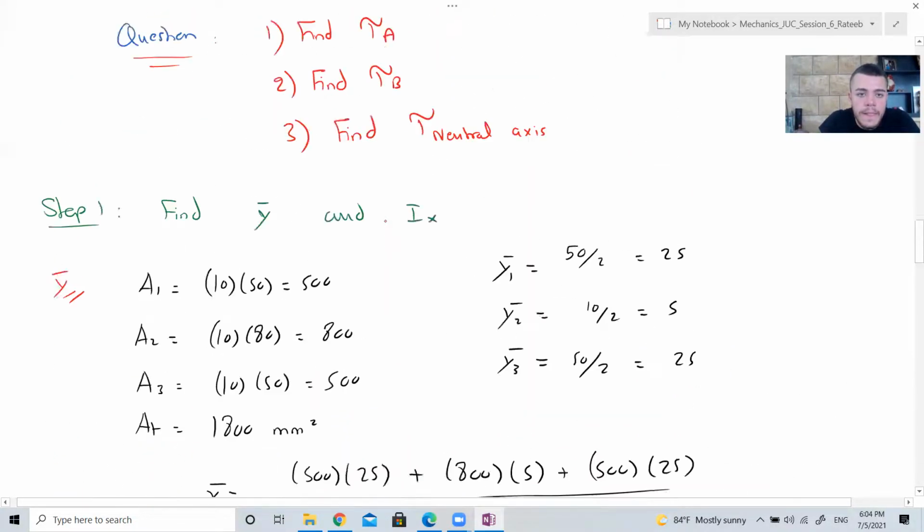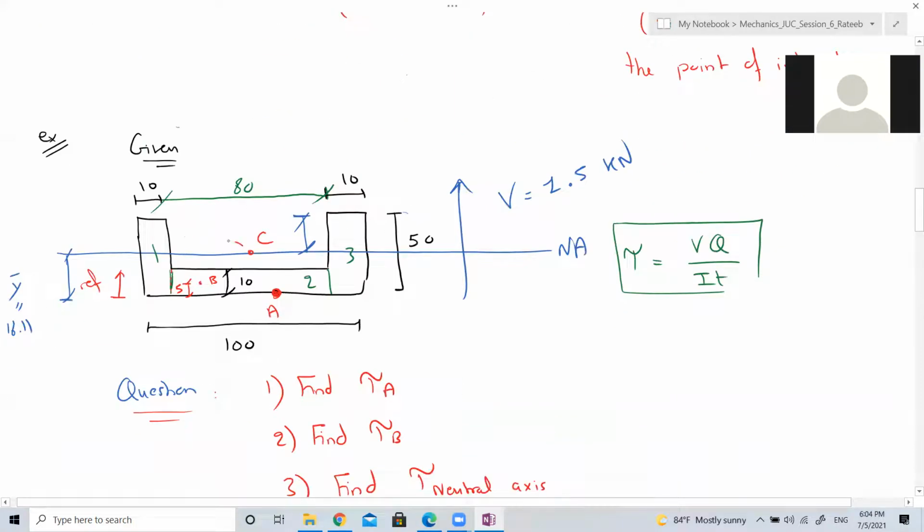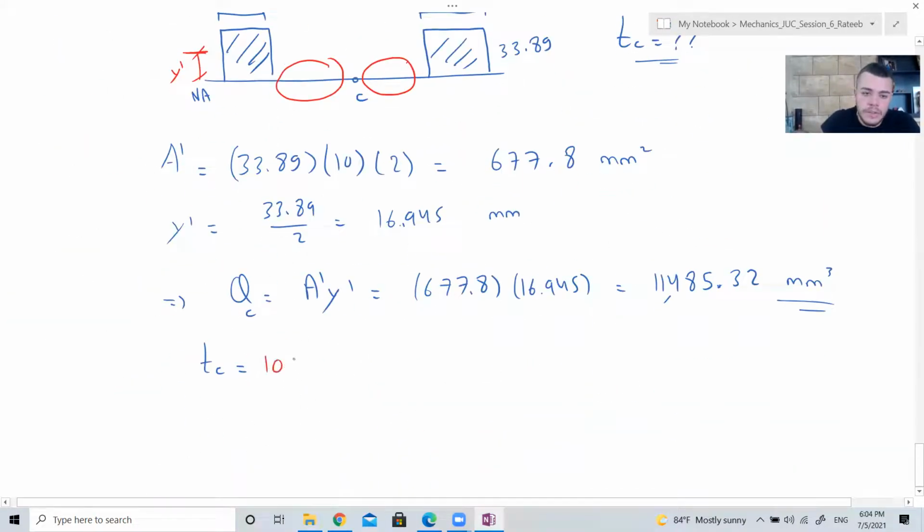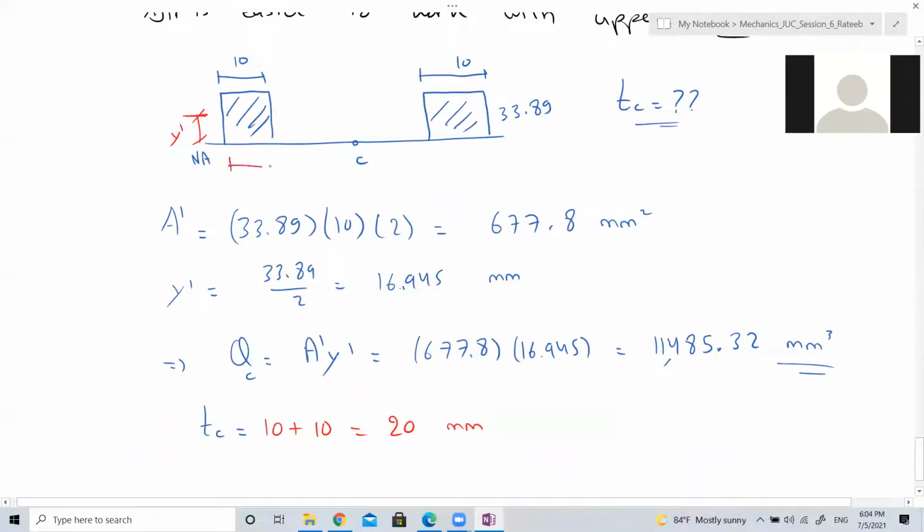No. So the solid is 10 plus 10, which is 20 millimeter, only where there is solid. This is t. Understood.